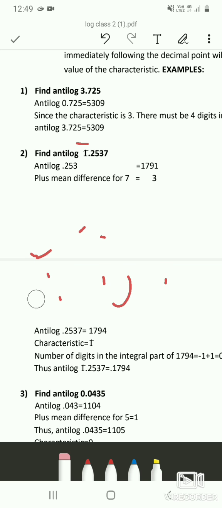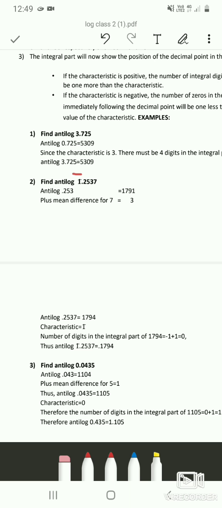So this was the basics of calculating antilogarithms and logarithms. I want you to go through finding the characteristic, mantissa and value of logarithms, and then how to calculate antilogarithms, and be familiar with the 4 important laws of logarithm, because in the next class we will be solving problems related to logarithms.